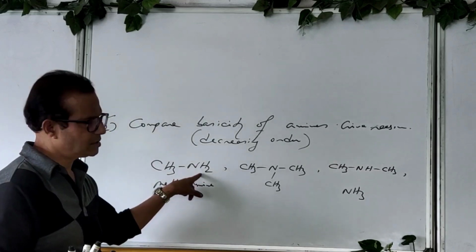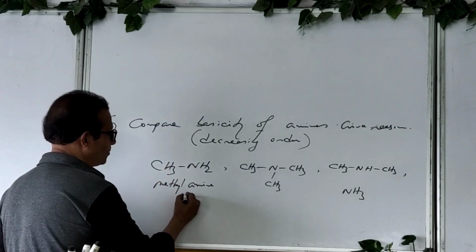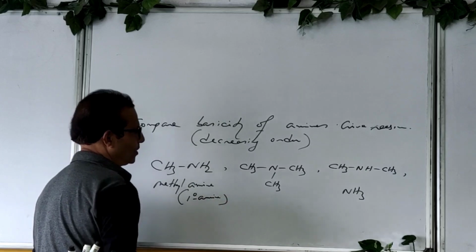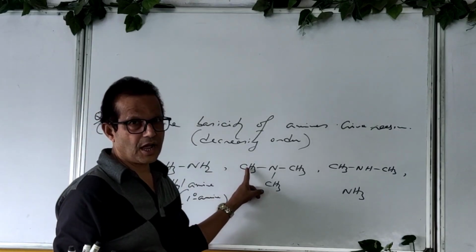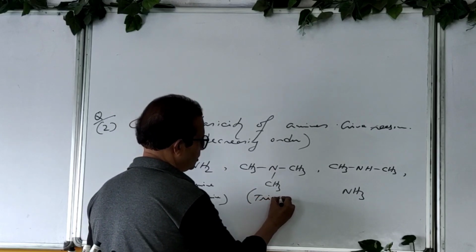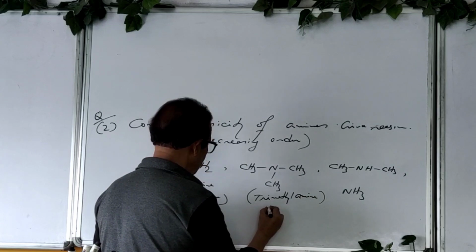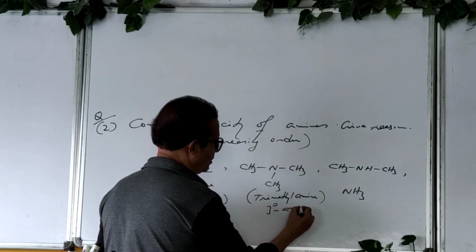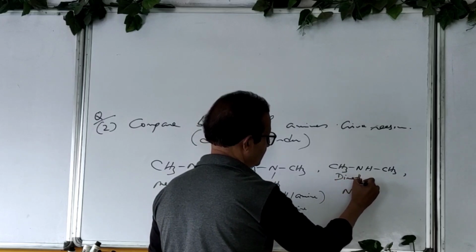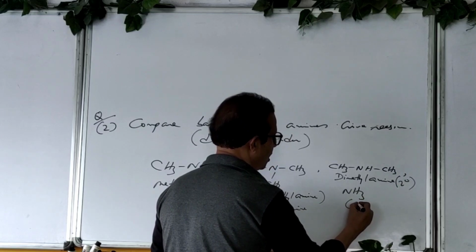Can you tell me whether it is primary, secondary or tertiary? Good. It's a primary amine. It is trimethylamine. It's a 3-degree amine, tertiary amine. This is dimethylamine, a 2-degree amine, and ammonia.